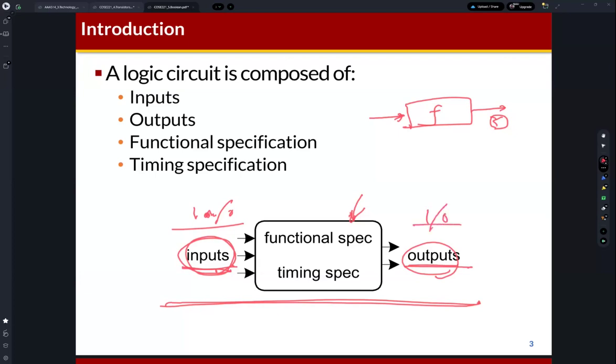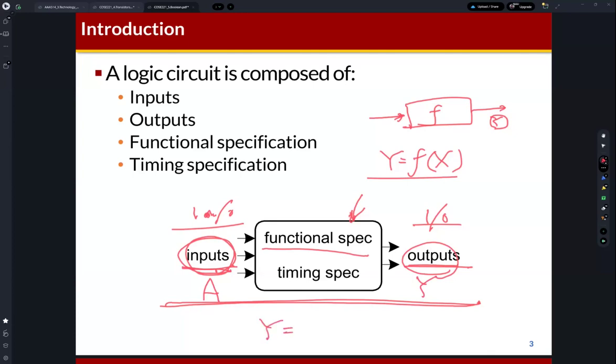These are the signals, and we can define a certain function like y equals f(x). This is a function of real-world mathematics. Like this, we can define the function of this system, or logic circuit. So this is the input and this is the output.